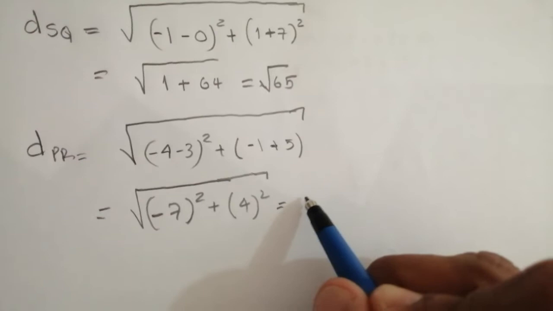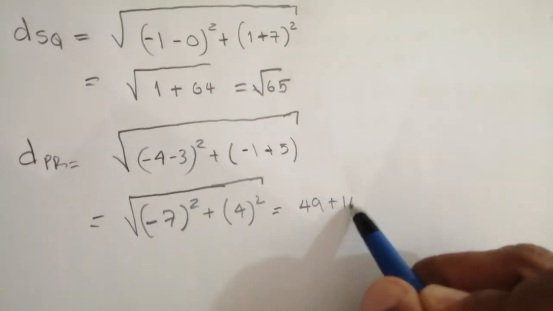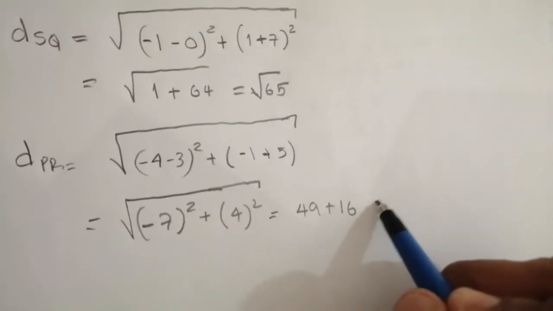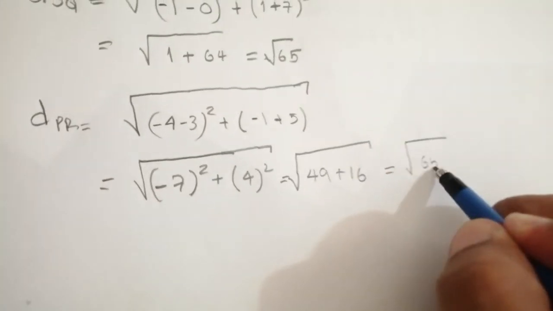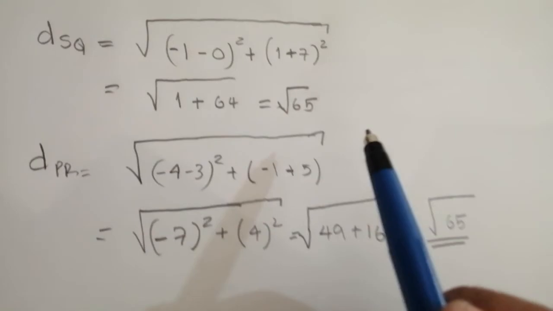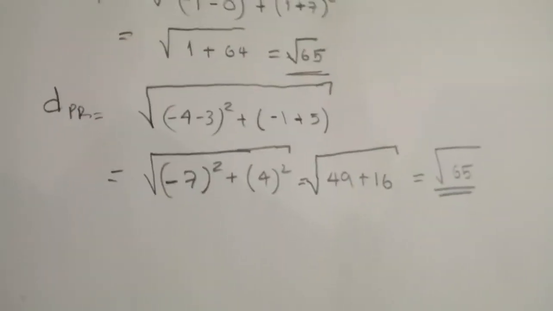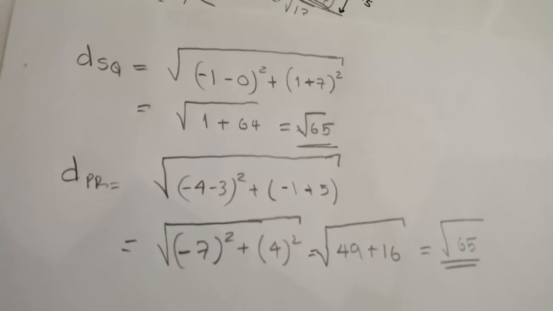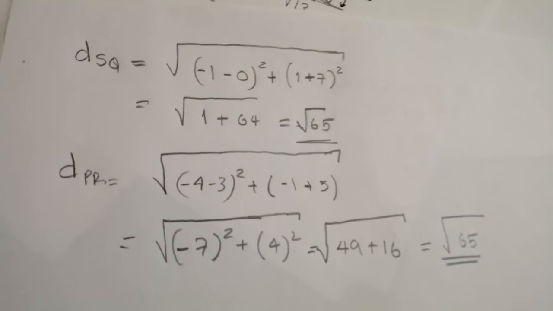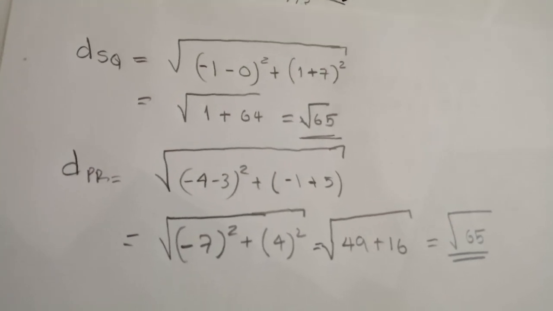At the end, I have 49 plus 16, and the answer for that is 65 also. With this, I'm pretty sure that the figure is a rectangle, since the pairs of opposite sides are congruent, and the diagonals measure the same.